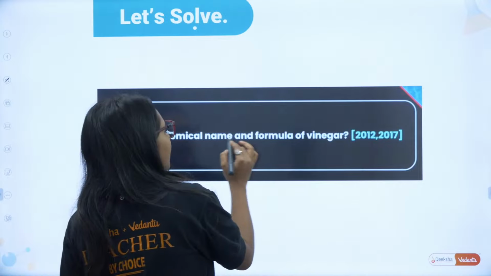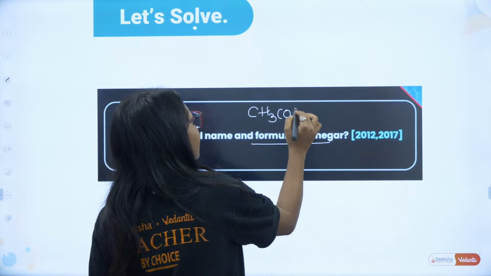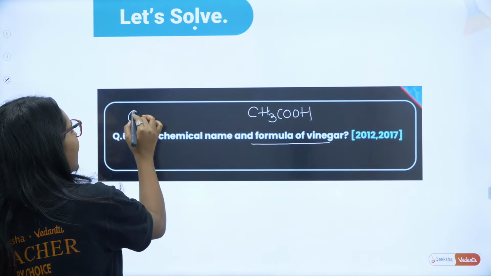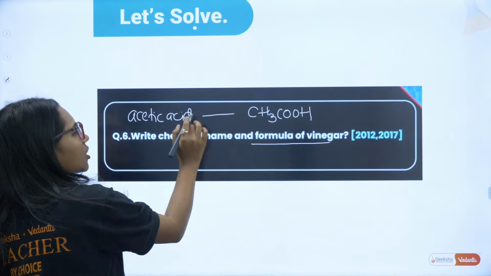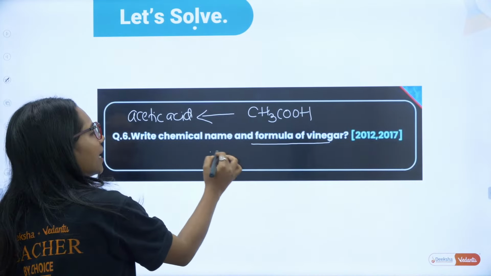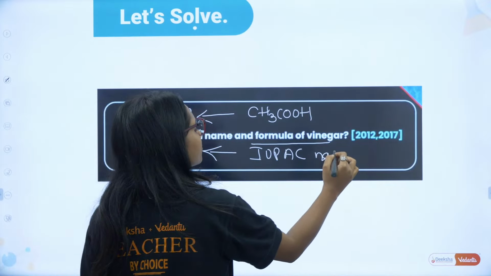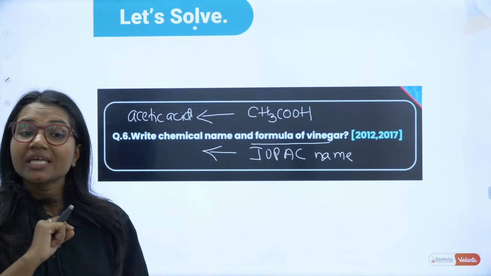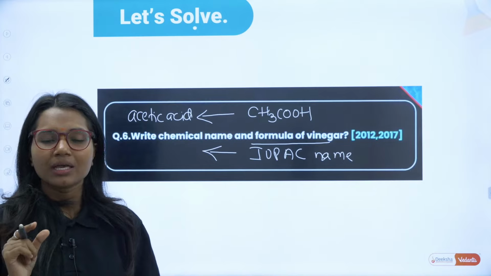So the chemical name of vinegar is acetic acid. This is the formula, and the name here is acetic acid. This is the common name of this compound. And what is the IUPAC name for acetic acid? They have not mentioned which name they want, they just said chemical name.